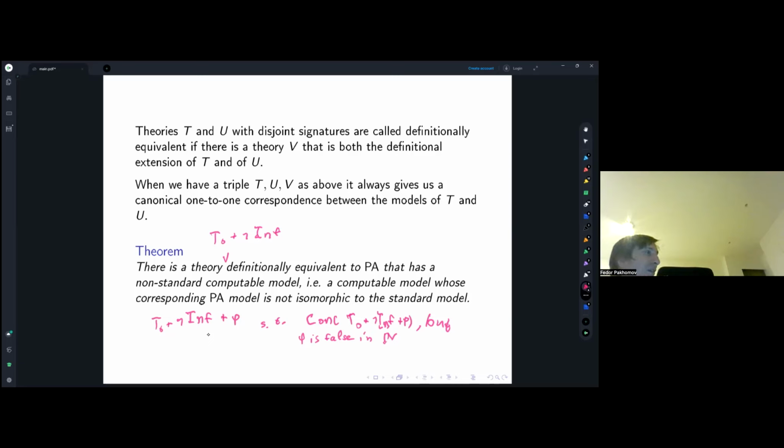So it's just about the translation. In essence, definitionally equivalent theories are essentially the same theories. They are just choosing different basic predicates, different basic elements of the signature. In essence it's the same theory.